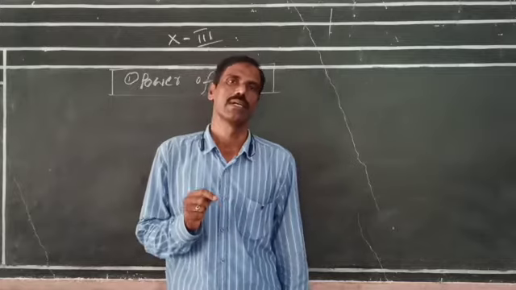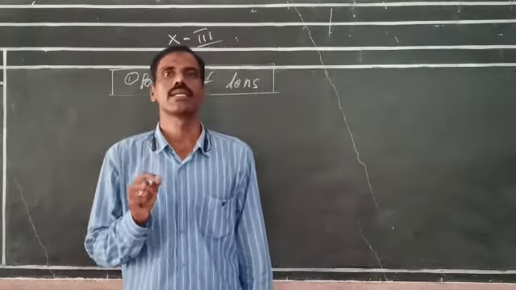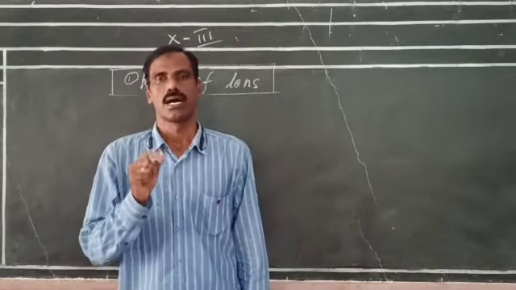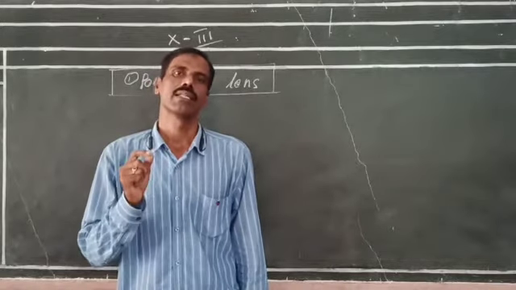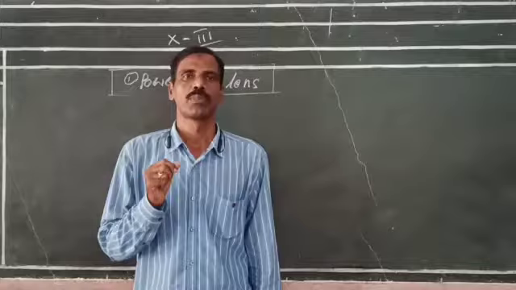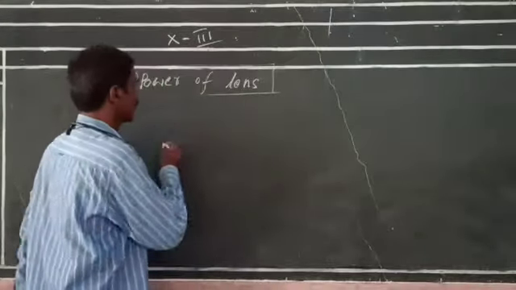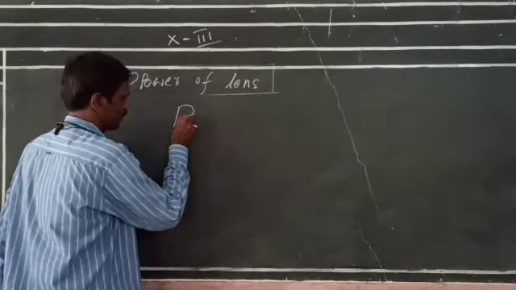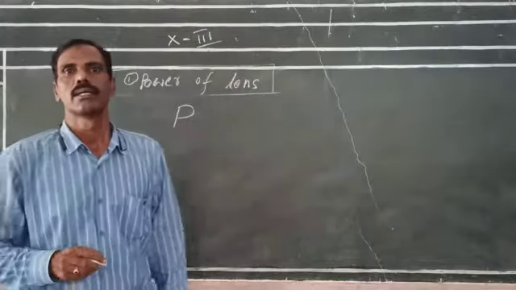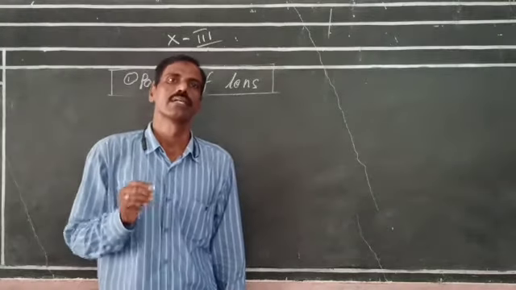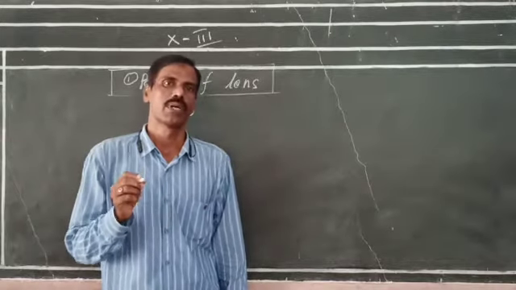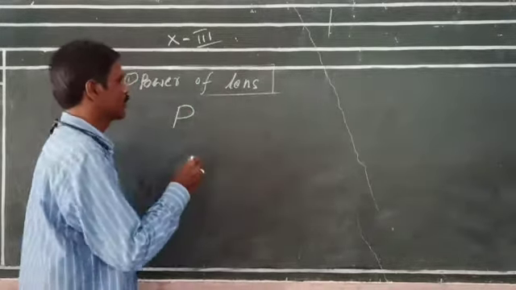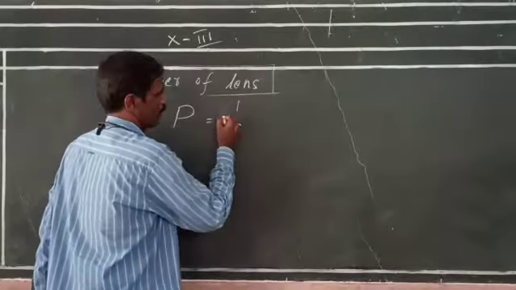Power of the lens is defined as the degree of convergence or divergence of the light ray by the lens. Power is generally represented by the letter P, and it is nothing but the reciprocal of the focal length.